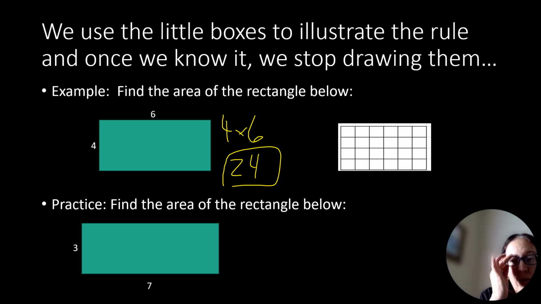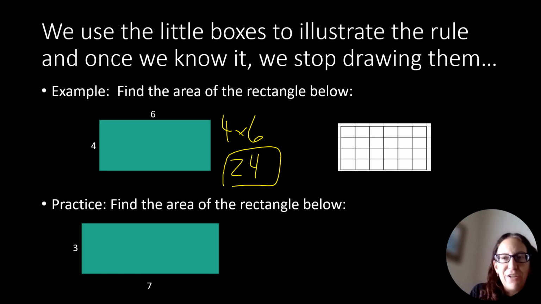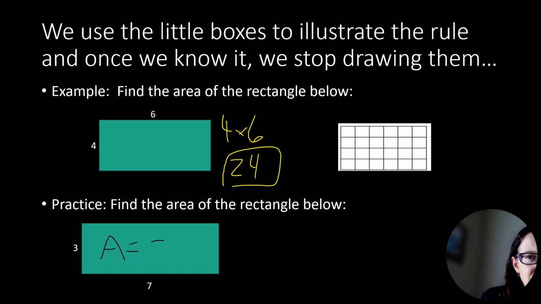If you're following along at home for this lesson, take a moment and do that out. And hopefully you know that the answer is 21. 3 times 7 is 21.